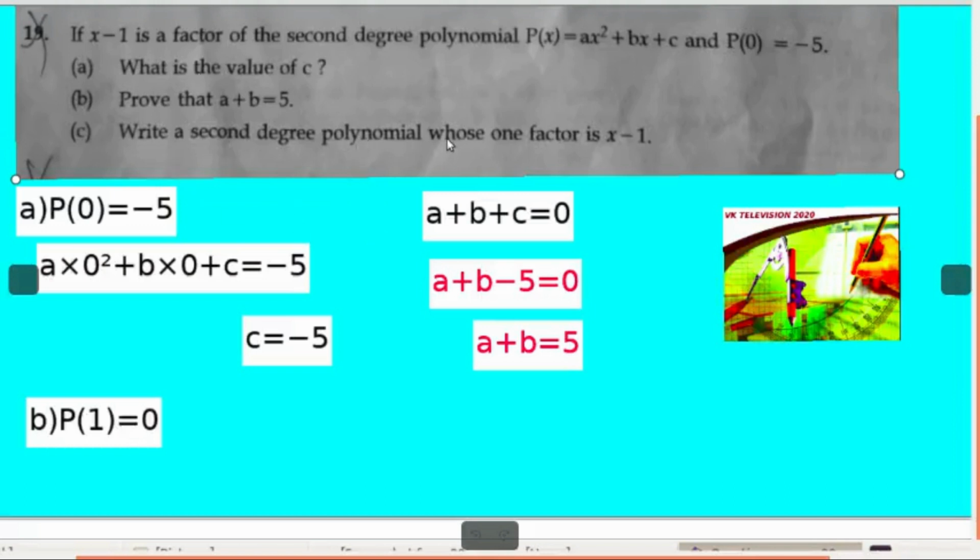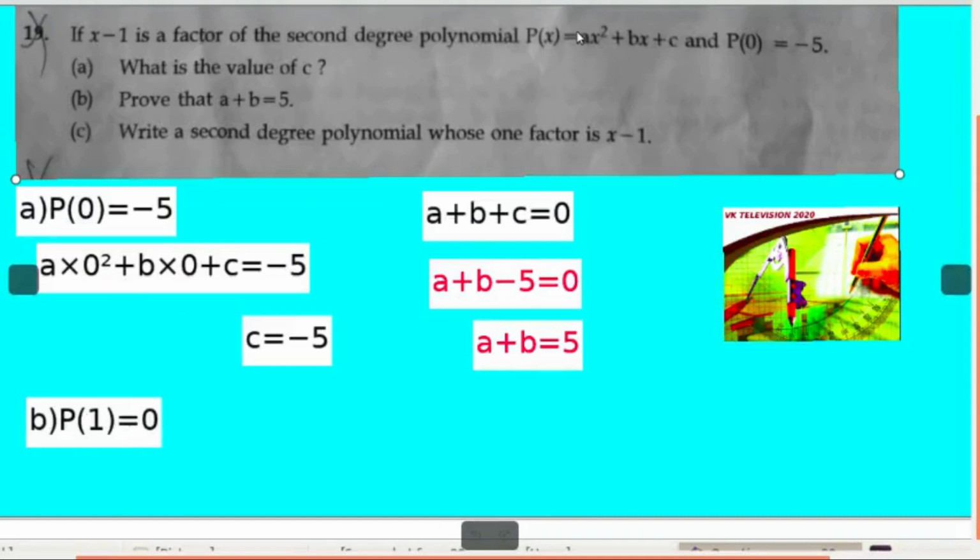Write a second degree polynomial whose one factor is x minus 1. So this is the polynomial having factor x minus 1. We write the value of c, that is minus 5, and a plus b is equal to 5.